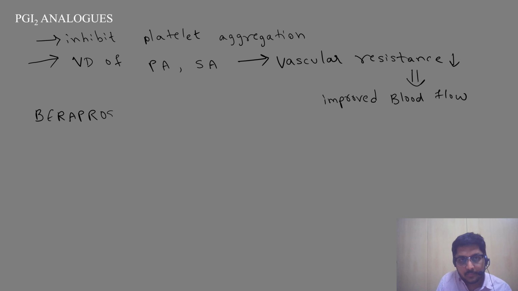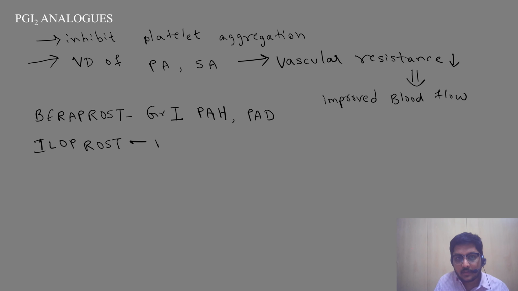Beraprost. It is used in WHO group 1 pulmonary artery hypertension and peripheral artery disease. What is the other drug? Iloprost. It is also used for the group 1 category of primary pulmonary artery hypertension as per WHO.